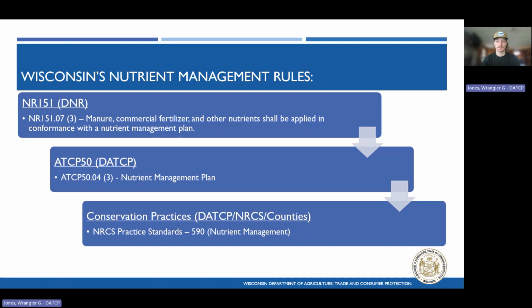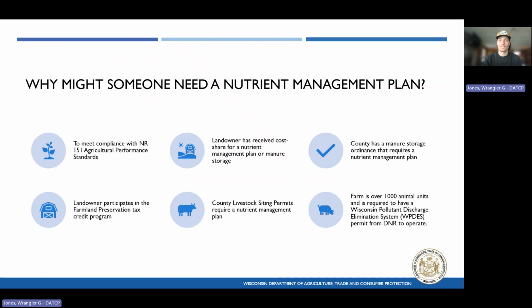So NRCS is in charge of 590. NRCS, it's a federal agency, as we know, and that sets the conservation practice like our 590. So this is just a trail of how it works and how we're getting the practices we need, or how we're supposed to be managing our nutrients.